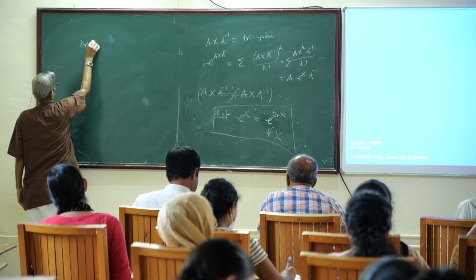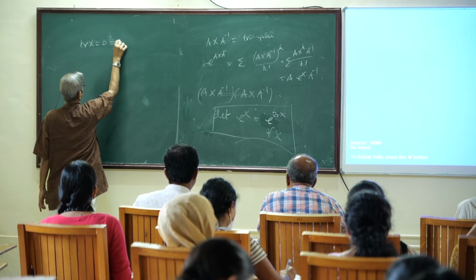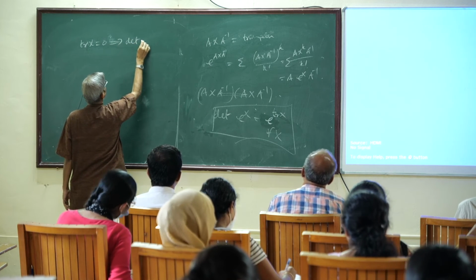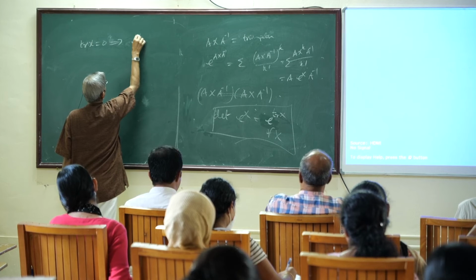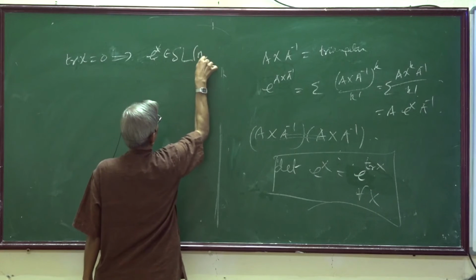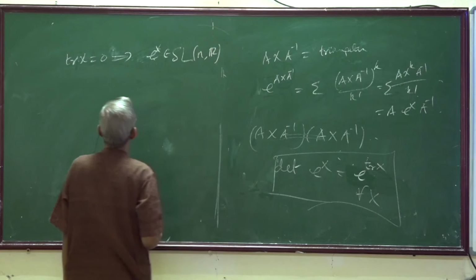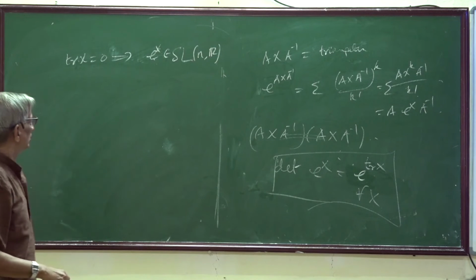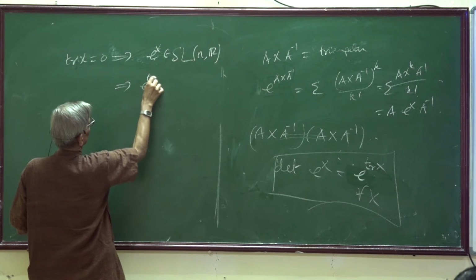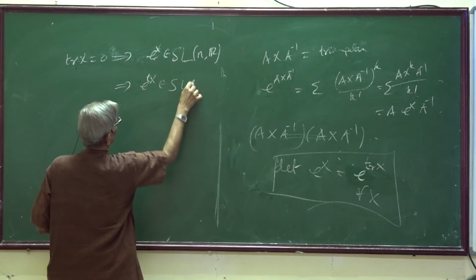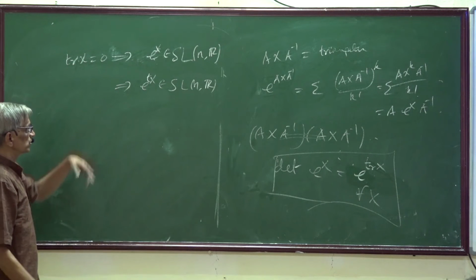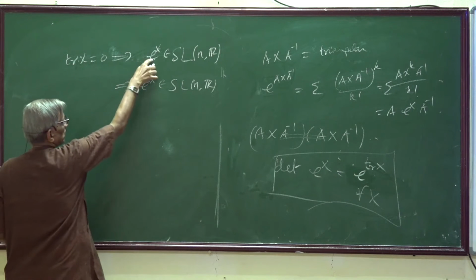So if trace x equals 0, then e to the power x is in SL. And therefore, of course, the curve e to the power tx is also in SL, for every t, the same thing is true. The trace of tx is t times the trace of x.